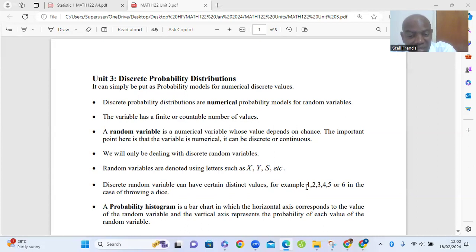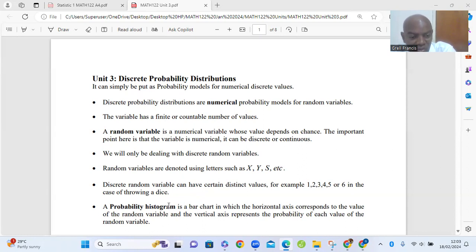There's a chance that you may get a 2 or 4 or 3 or 5 or 6. So that's why it's called a random variable. You're not certain to get a 2 anytime you throw the dice. So there's that uncertainty associated with random variables.